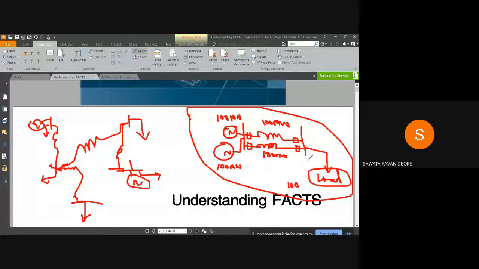That 400 kV was the main transmission line of a grid, maybe the national grid or maybe a regional grid. So this is because of that radial design.